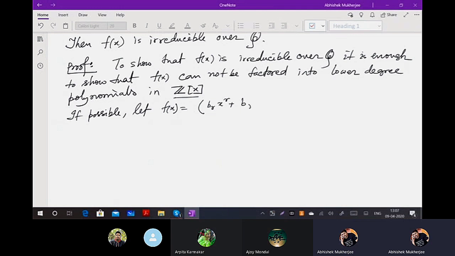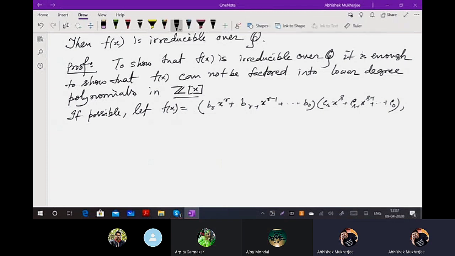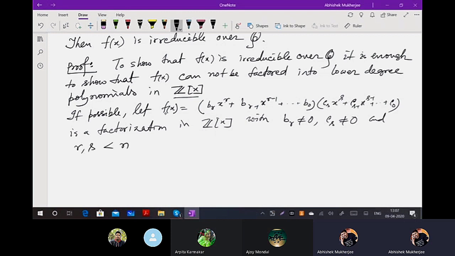That is, b_r x^r + b_{r-1} x^{r-1} + ... + b_0, and another polynomial c_s x^s + c_{s-1} x^{s-1} + ... + c_0, where this is a factorization in Z[x] with b_r not equal to 0, c_s not equal to 0, and the degrees, that is r and s, must be strictly less than the degree n of the polynomial f(x).